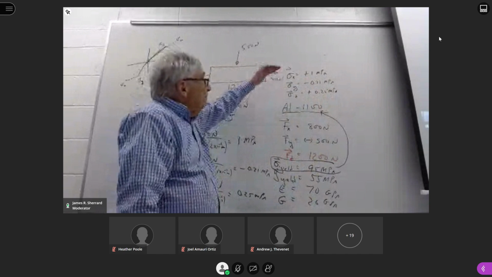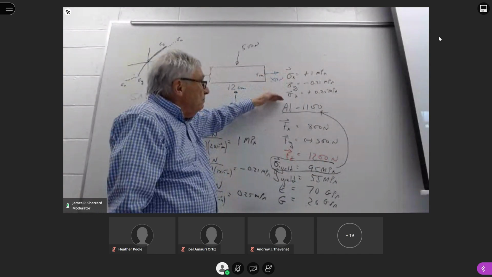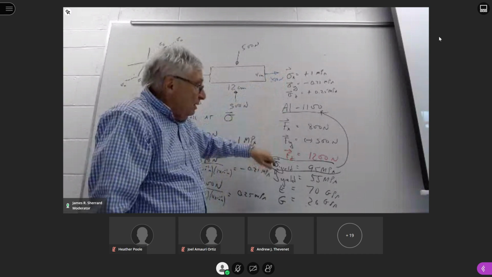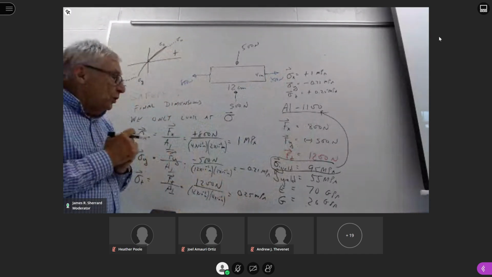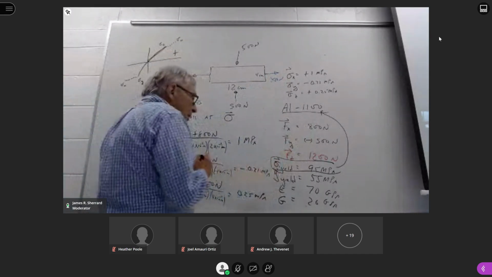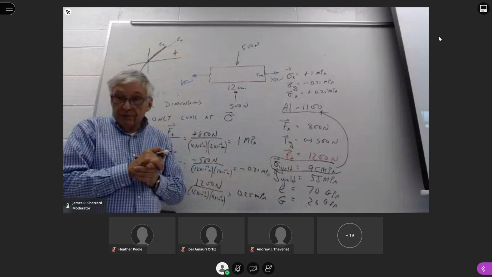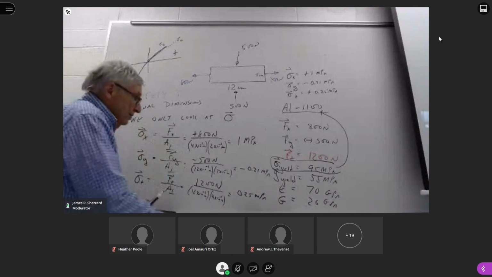Okay? And again, these are the plane stresses we calculated in each direction. For our aluminum 1100, we compared it to the yield strength. Everything was safe. And again, when we do these, we're only worried about plane stresses. We're not worried about shear stresses. Any questions on what we've done thus far?